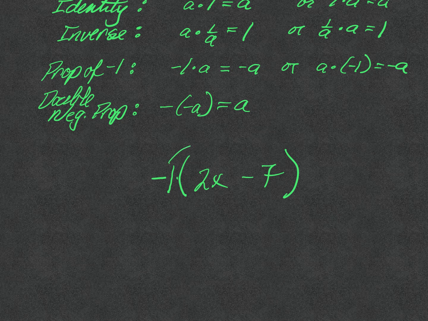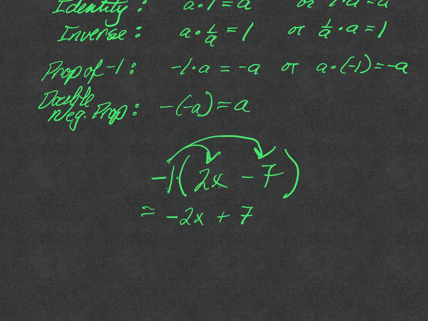So by distributive property, that -1 can be distributed through, and you get -2x. -1 times 2x is -2x. -1 times -7 is +7. So it changes all the signs from inside the parentheses.